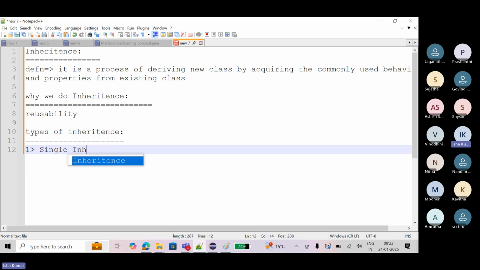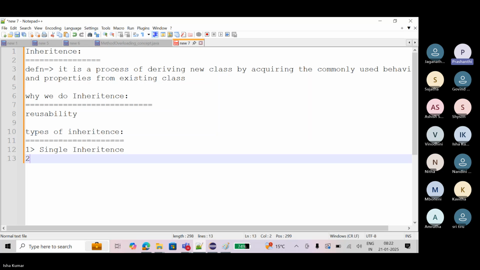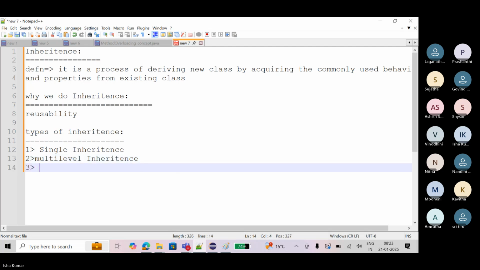Single inheritance. Multiple inheritance. Multi-level inheritance, spelled LEVEL. Then hierarchical inheritance.